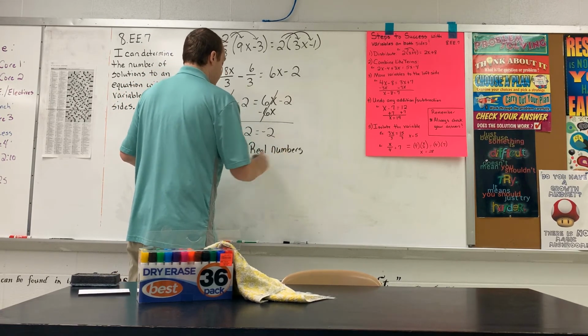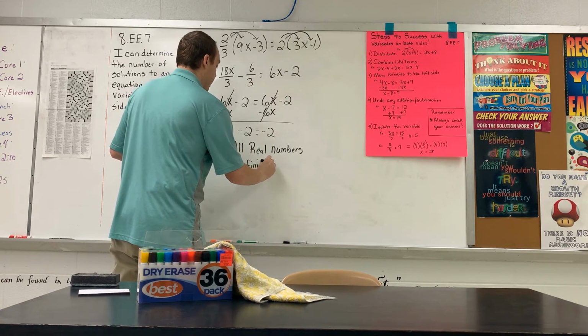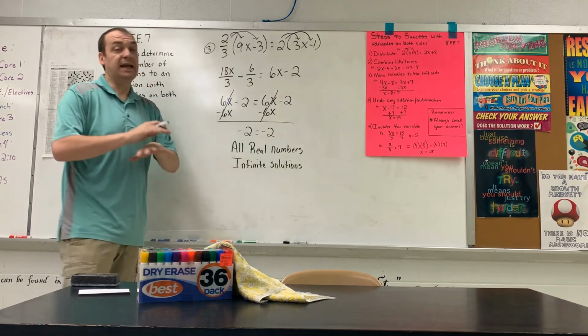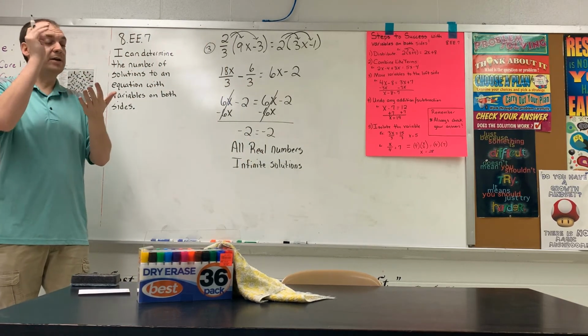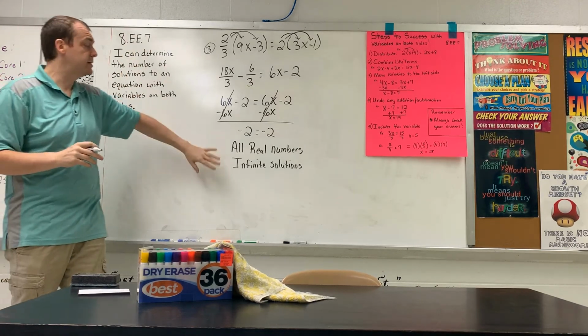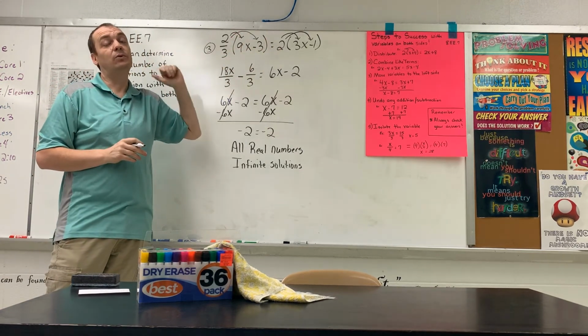You may see it written as infinite solutions. What this means is any number in the world, a decimal, a fraction, positive, negative, zero, any number all the way up to a gazillion, it doesn't matter. If you plug it in for those x's, it's going to balance every single time.